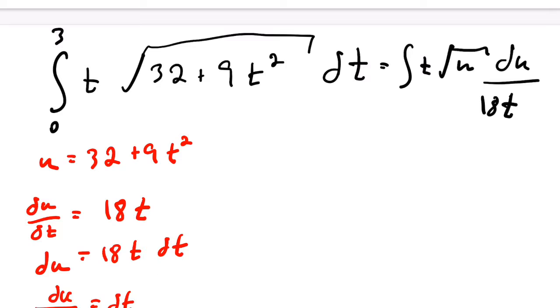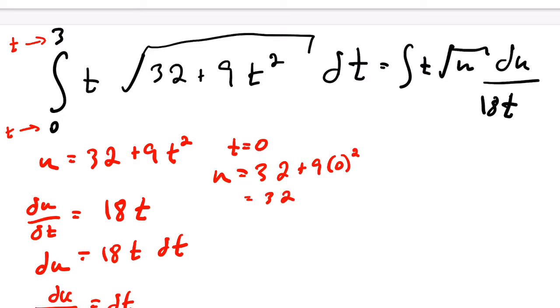Let's change our boundaries. The top and bottom boundary over here were in terms of t. We now want to transform those in terms of u. So for t equals 0, we can plug that value into the u formula. So we would have u is equal to 32 plus 9 times 0 squared. That would give us 32.